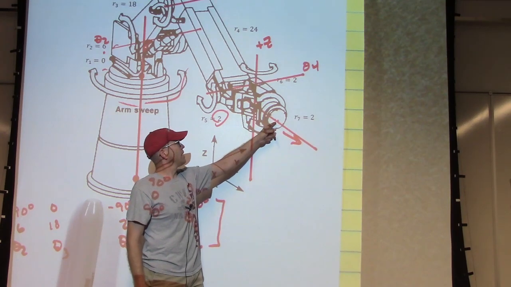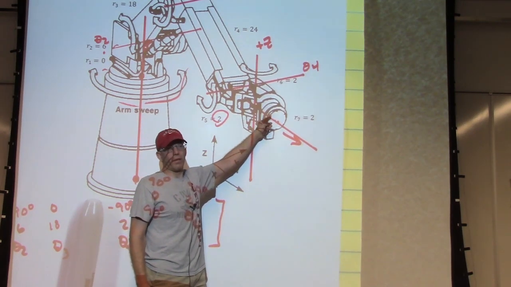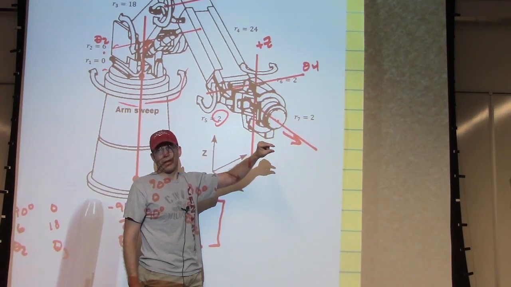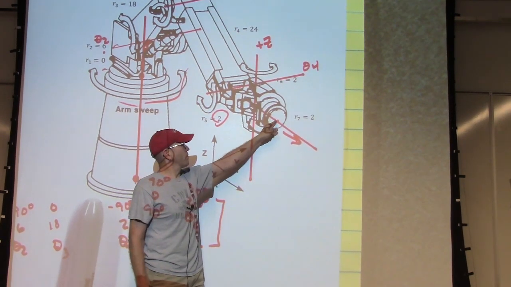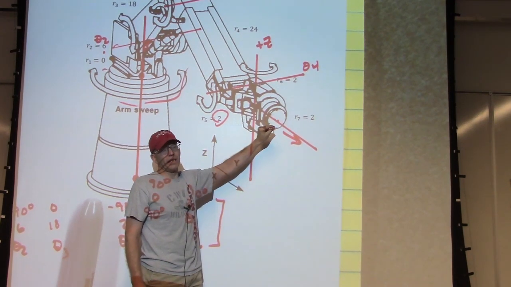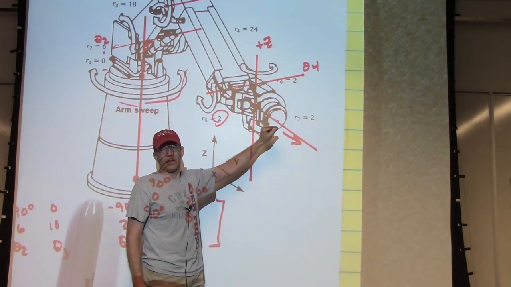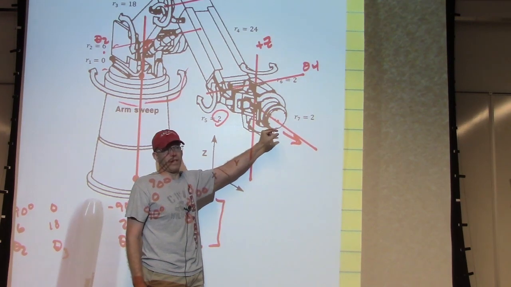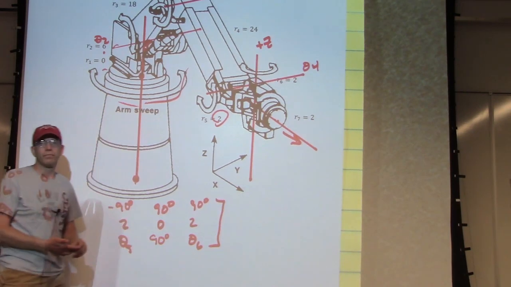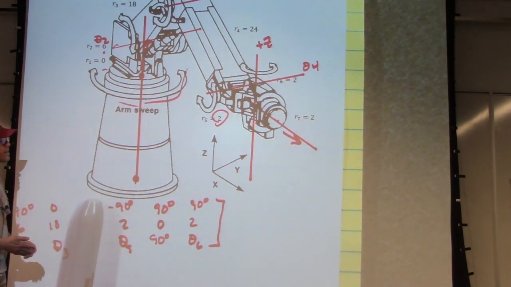So that would be the tool offset from the center of rotation on that joint out to the end of the tool that you're manipulating. So if you had, say, a welding torch, that would be the tip of the nozzle on that torch. And that would just be there so that you could provide the minimum safety clearance as you're moving that manipulator around. Make sense?